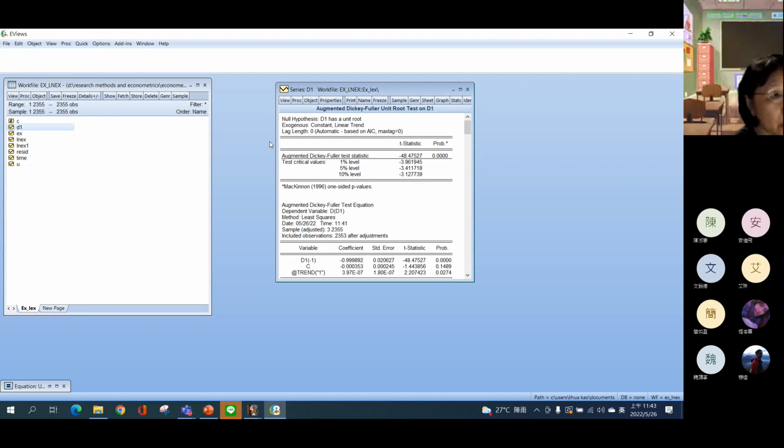The third one is to look at the unit root test, the Dickey-Fuller test. For the Dickey-Fuller test, we like to see the probability reject the null hypothesis. Then it will show that the time series variable is stationary.